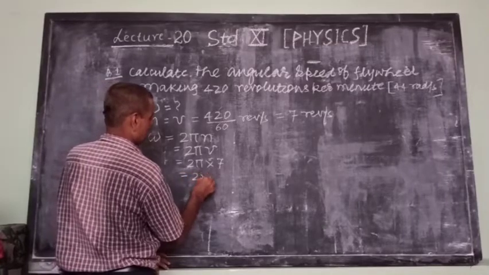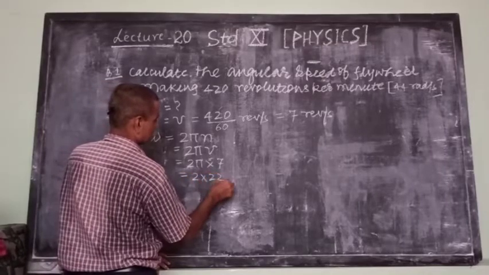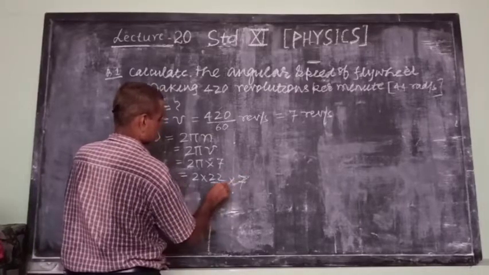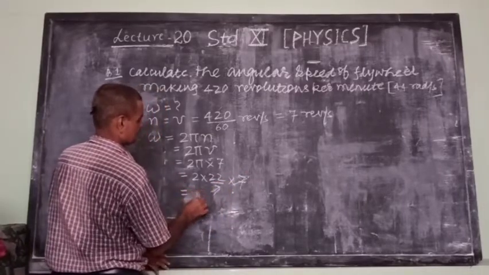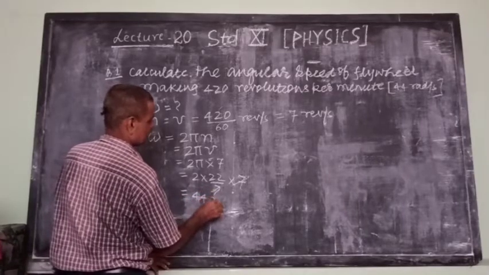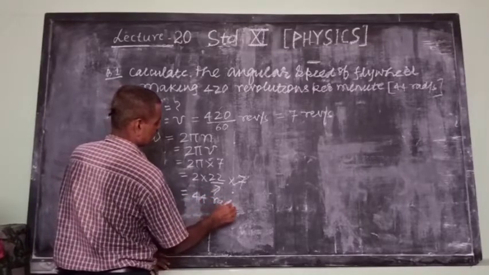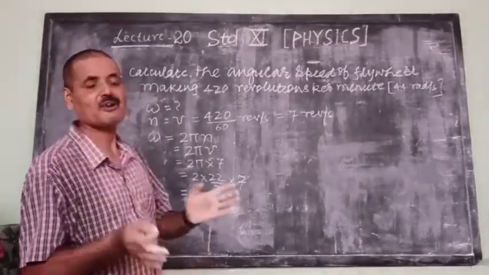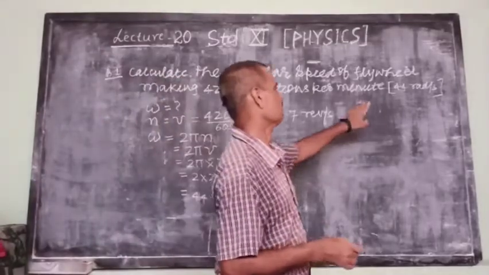The value of pi is 22 by 7, and these two 7s cancel, so your answer becomes 44 radian per second. This is the value of angular speed of the given question.